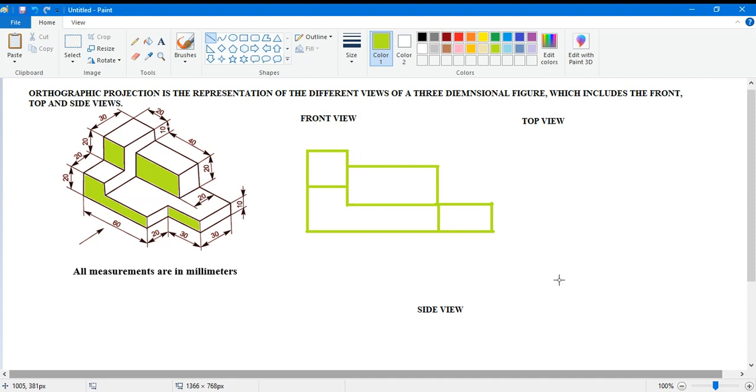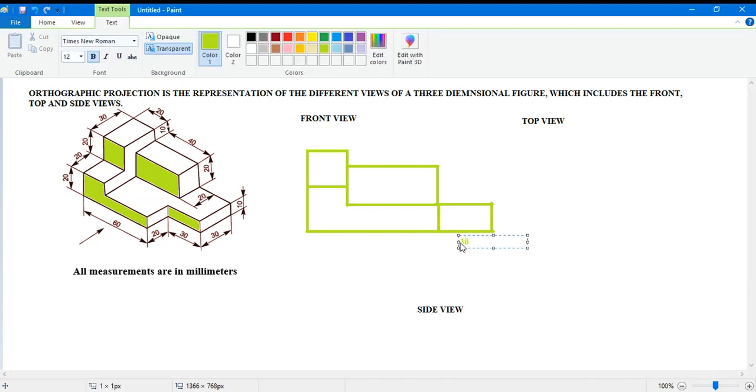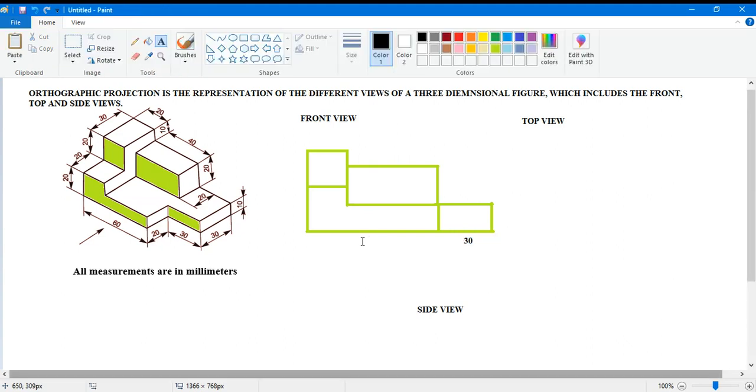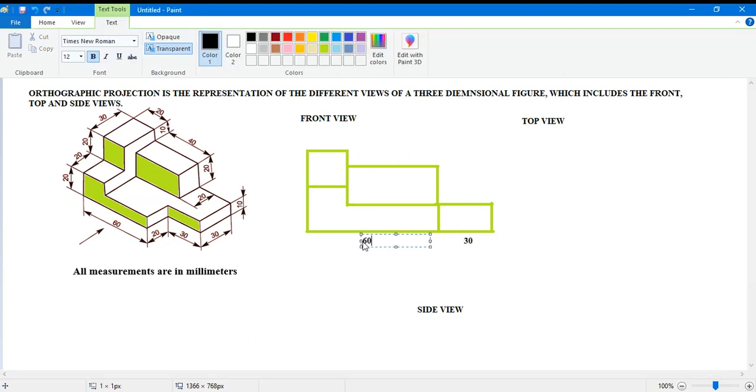Now if you notice, we have measurements also, right? If we look at the measurements, we know that this is 30. Here to here is 30. This is 60.